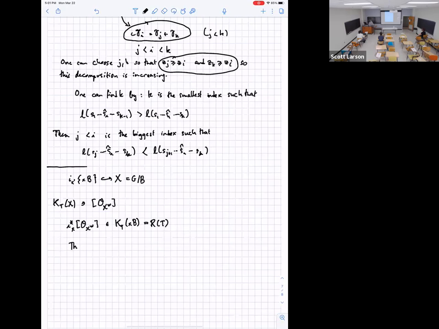So then the theorem is that I star of x of O of xw is the sum over all sub-expressions t of s, such that the product of the h i's, where i is in t, I hope I'm remembering this correctly, is equal to h of w.